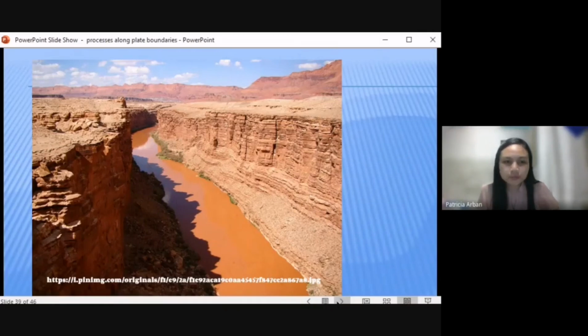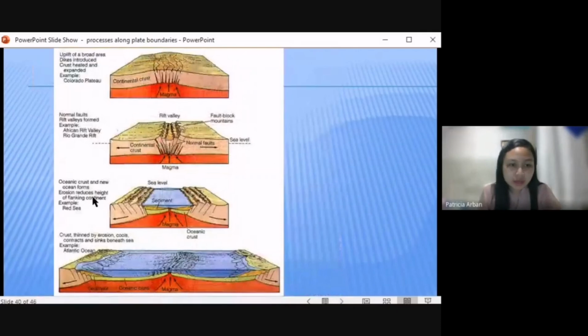Okay? And then we have here the oceanic crust and new ocean forms. The third picture, as you can see, we have here a body of water. Yung laki niya ay kasing laki na ng dagat. Akala natin maliit, pero dagat na yan.